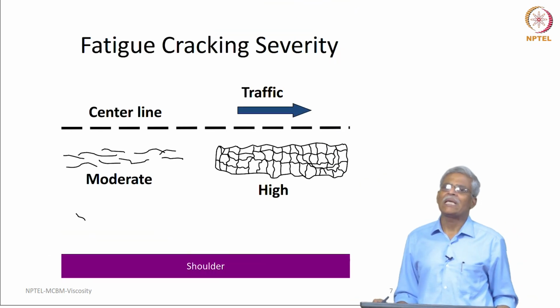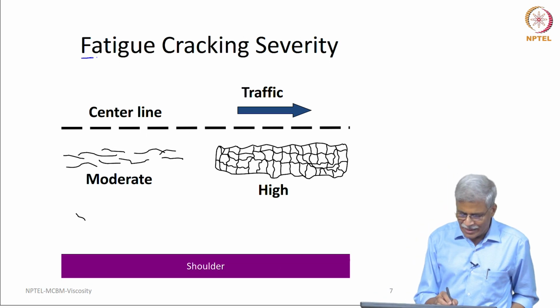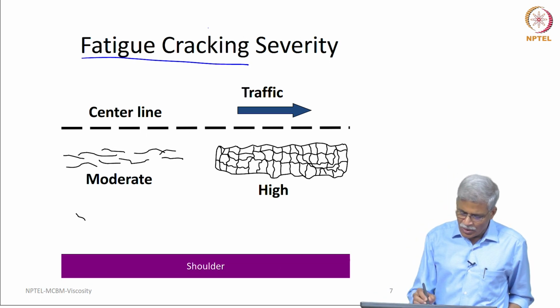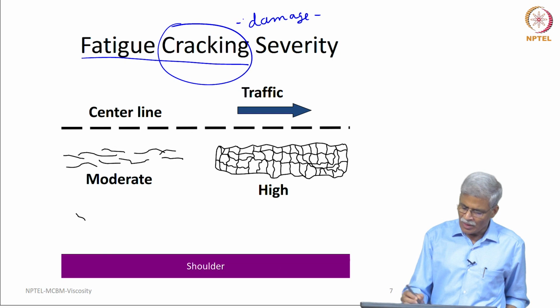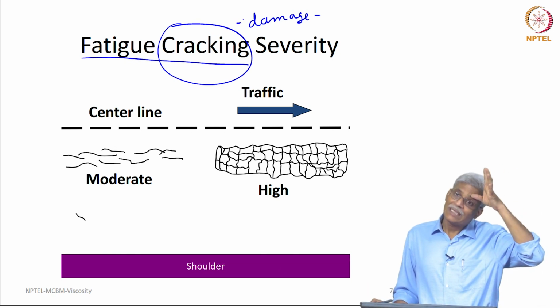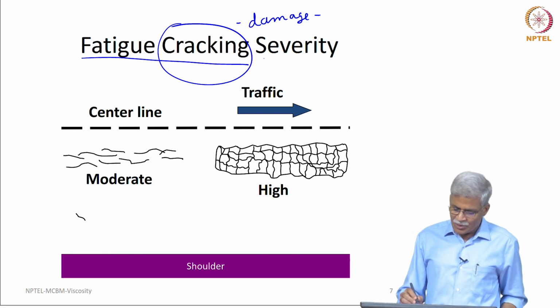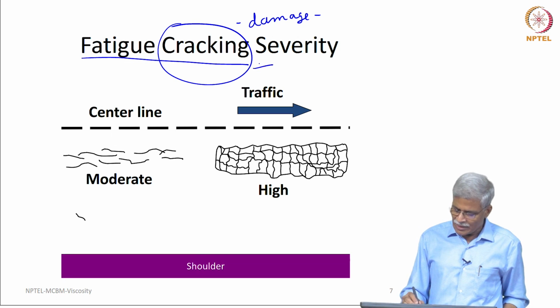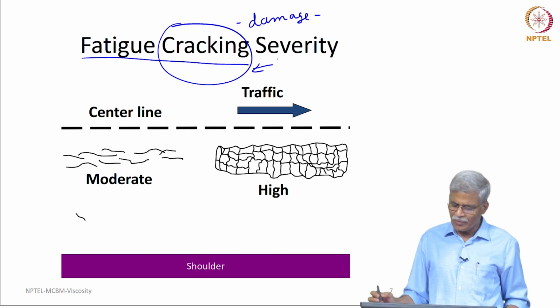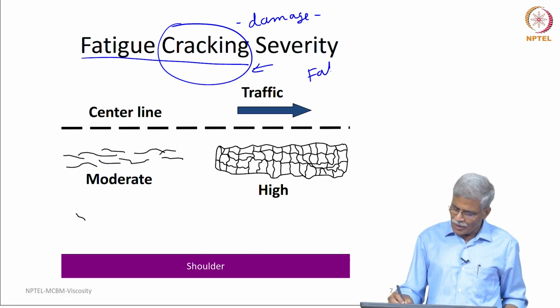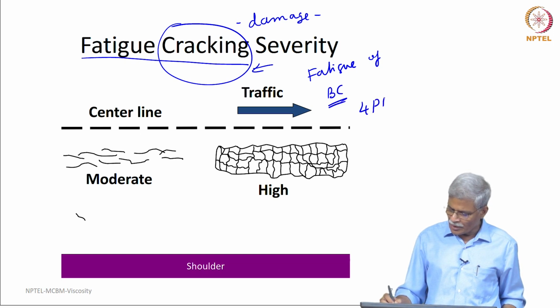So, what you see here is the fatigue cracking. In fact, I would really call this more fatigue damage and not really cracking. There is a specific reason why they are called cracking, and we will be discussing it later when we talk about the fatigue of bituminous mixtures with 4-point bending equipment.